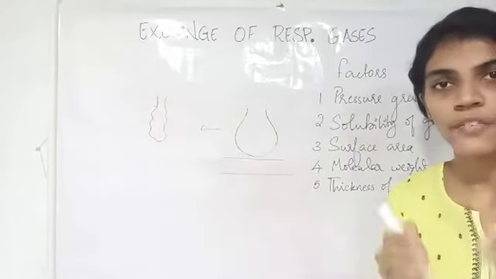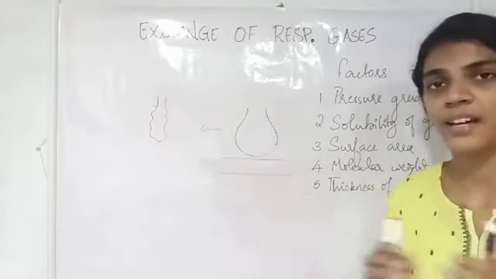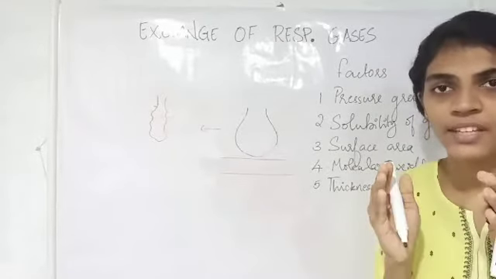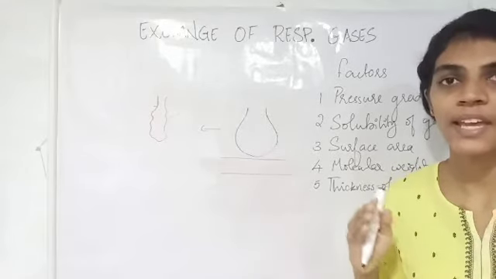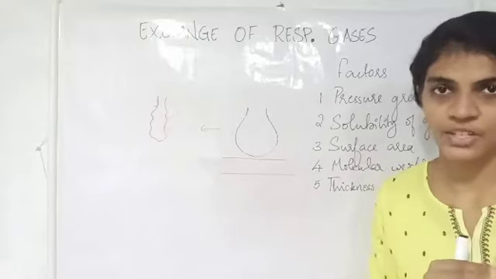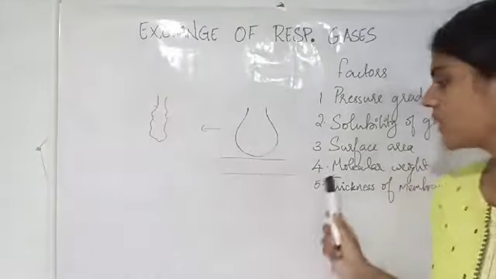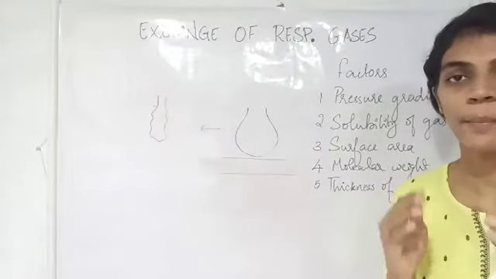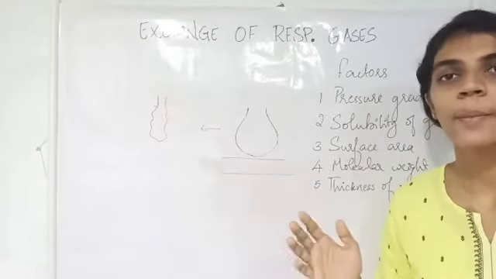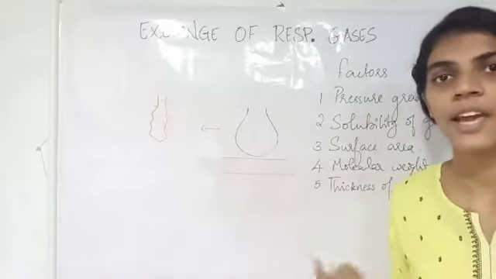If any of these layers are thick, the respiratory membrane will also increase in thickness, right? If the thickness of the respiratory membrane is increased, will the diffusion be increased or decreased? It will be decreased, right? So the diffusion coefficient is inversely proportional to the thickness of the membrane. If the membrane is too thick, it makes the diffusion difficult, and if the membrane is too thin, the gas will pass through with ease.